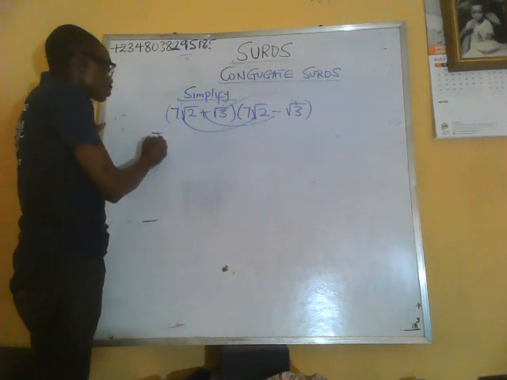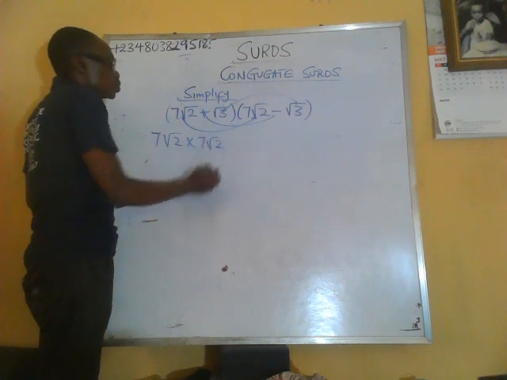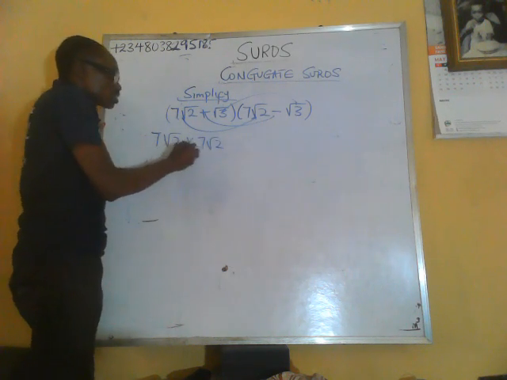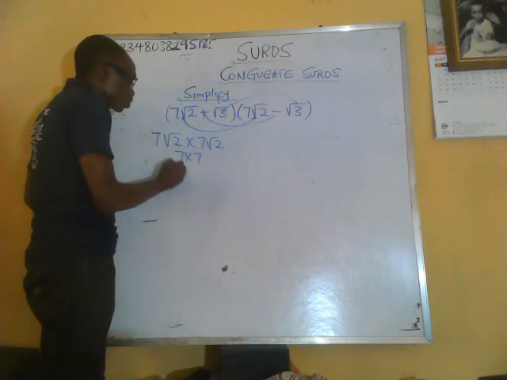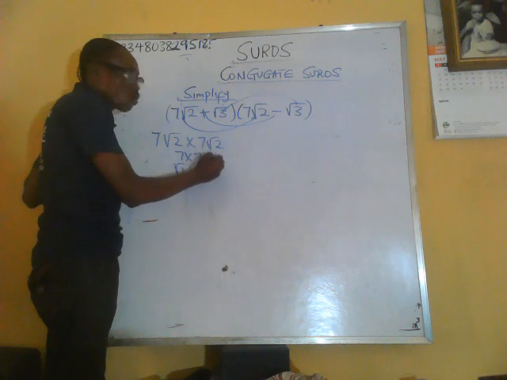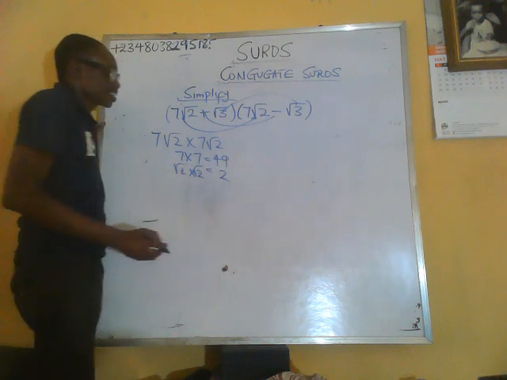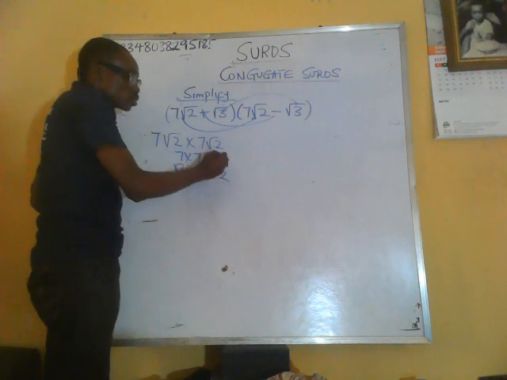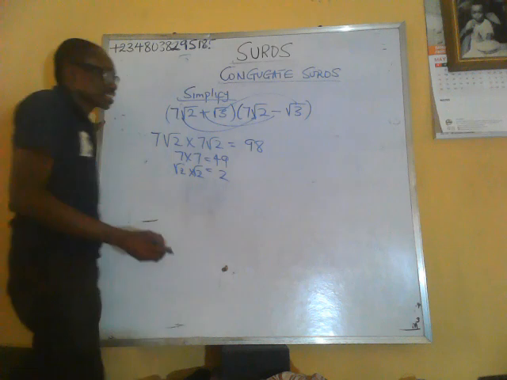So we have 7 root 2 times 7 root 2. 7 times 7 and root 2 times root 2. 7 times 7 is 49. Root 2 times root 2 is 2. So 2 times 49 will give us 98.